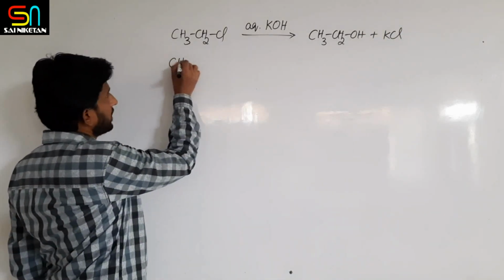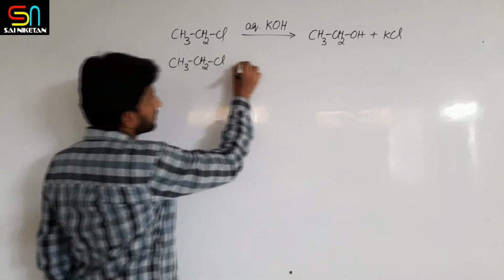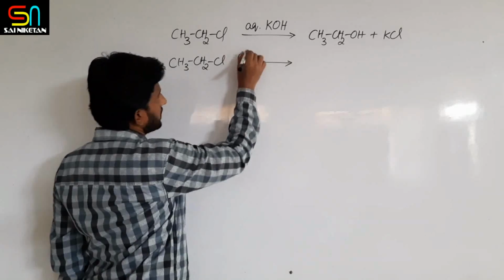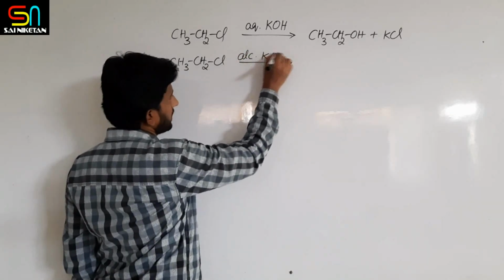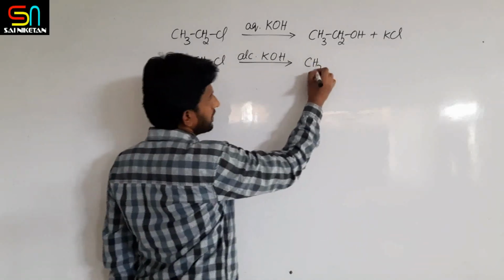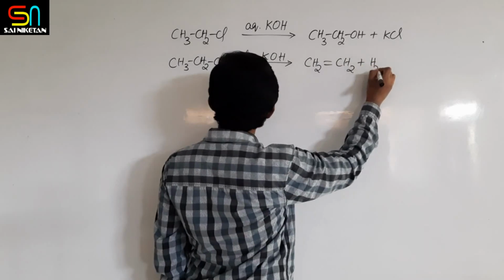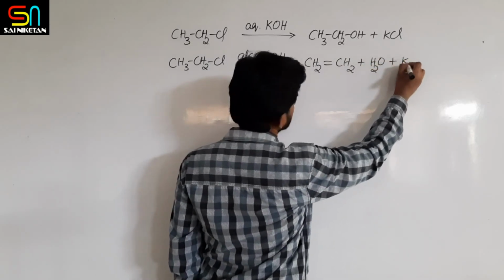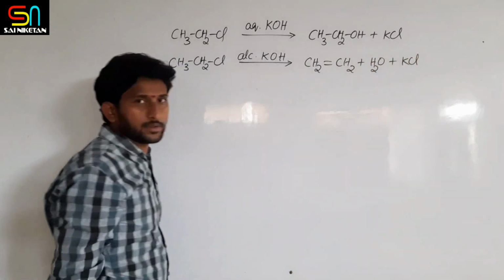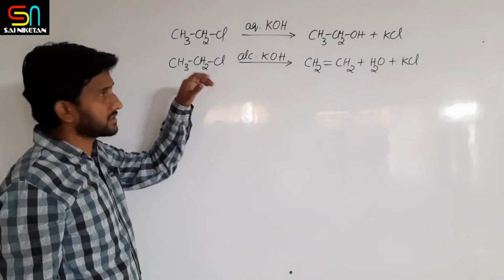But the same ethyl chloride, instead of reaction with aqueous KOH, on heating with alcoholic KOH, what does it form? Alkene. It forms alkene. So you are finding the difference, right?